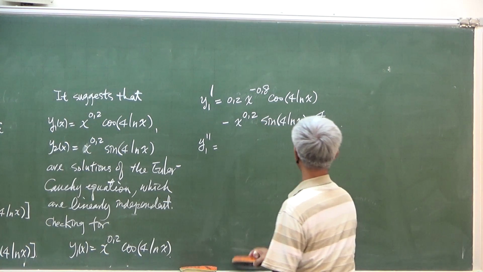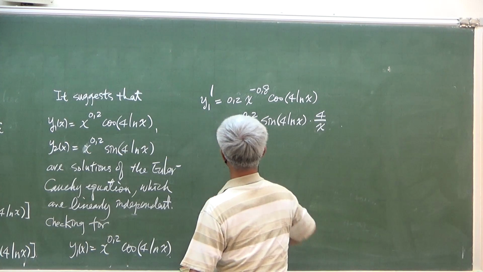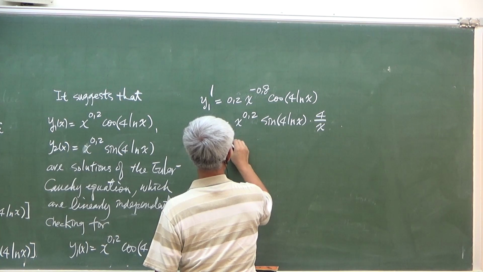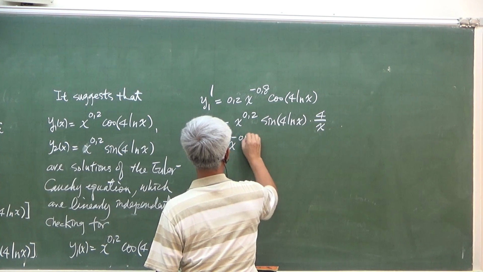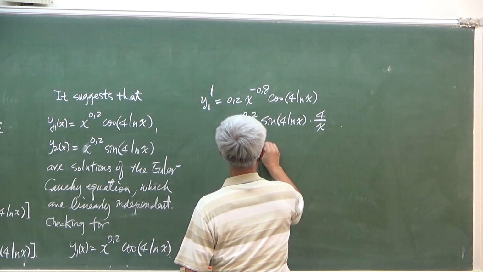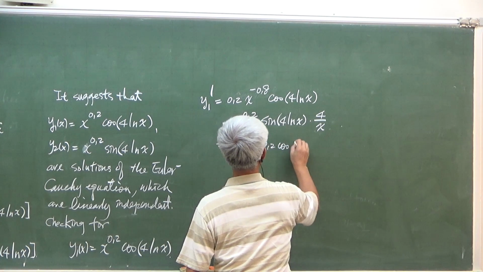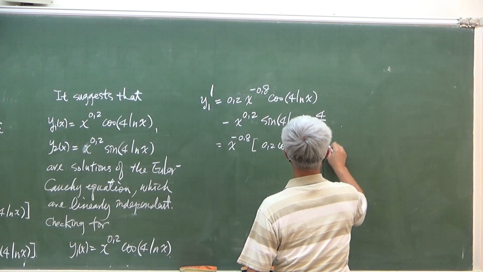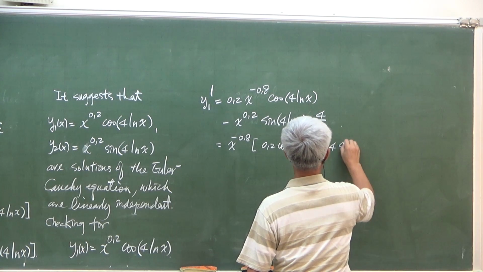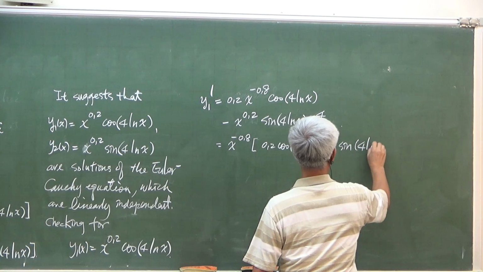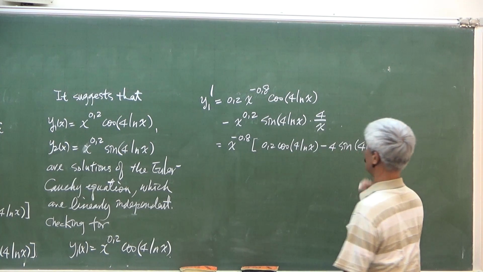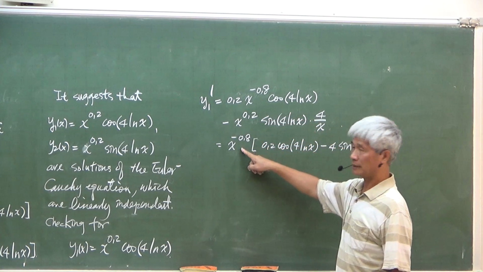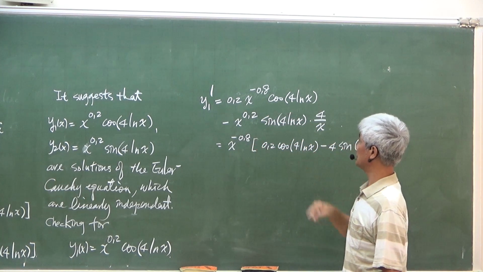So what you have is x to the minus 0.8, 0.2 cosine 4 ln x minus 4 sine 4 ln x. These two terms have a common factor, x to the minus 0.8.